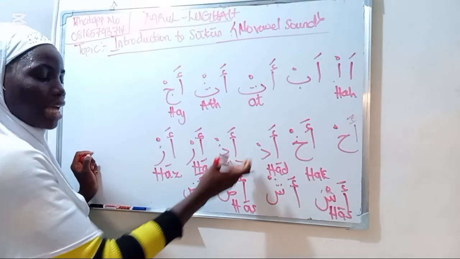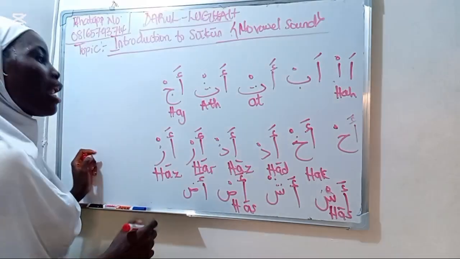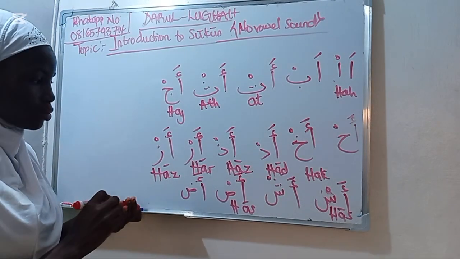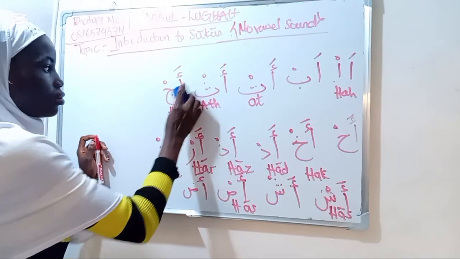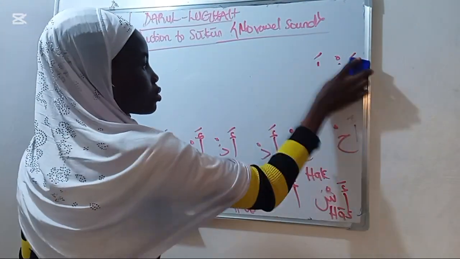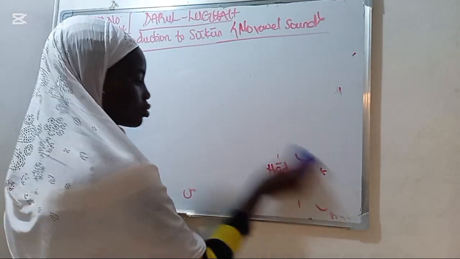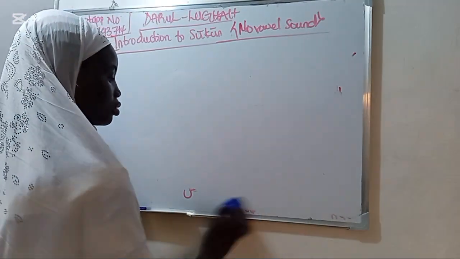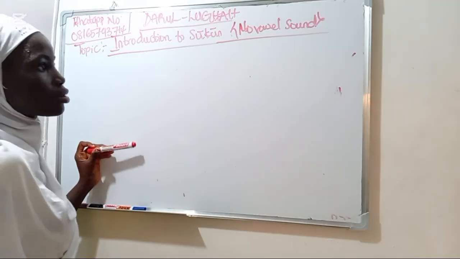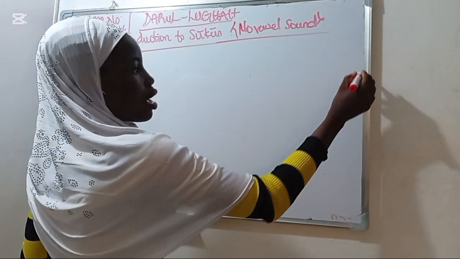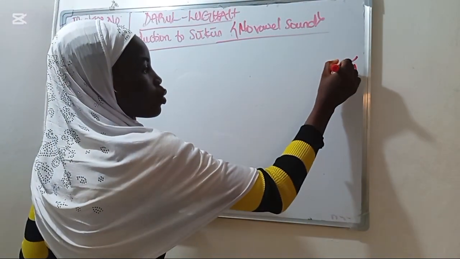The difference between ad and ab. Now alif fatha a, ta sukun, ab.